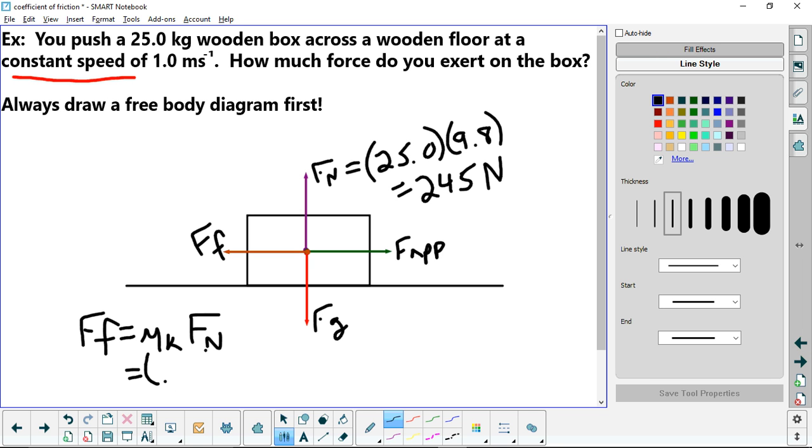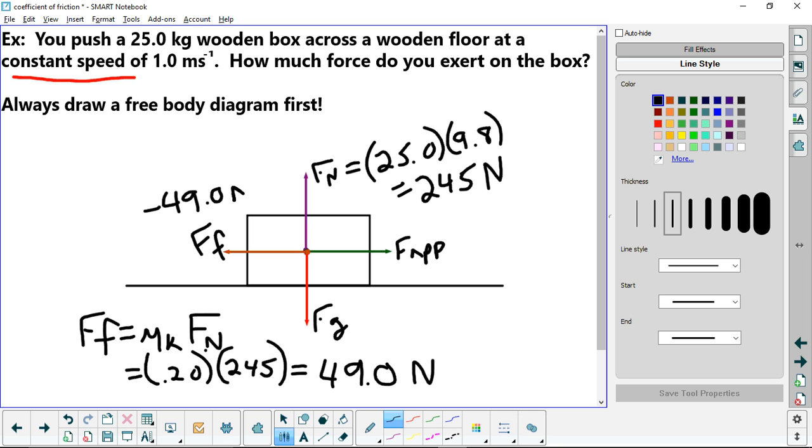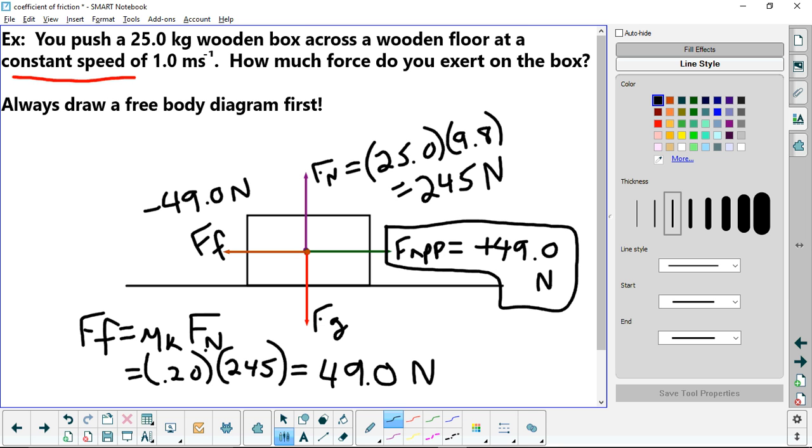So I'm going to say 0.20 times, and then my normal force is 245. So I'm going to multiply those values together, and I'm going to find my answer is 245 times 0.2 is 49.0 newtons. So my frictional force is 49.0 newtons. So my applied force has to be positive 49.0 newtons. And so that's how much force I must apply to this crate in order to get the crate to move.